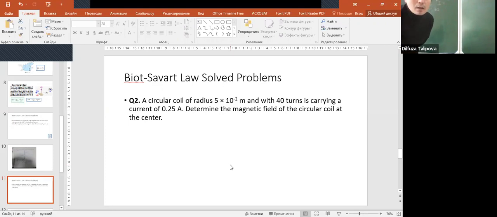is equal to 0.25 amps. Again, we should find the magnetic field B at the center. Okay.